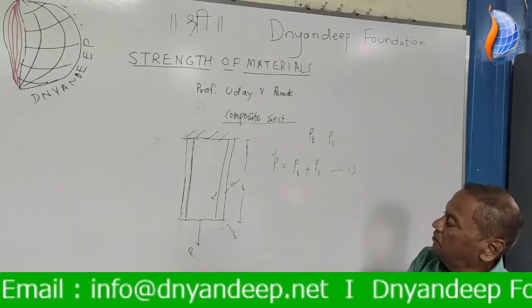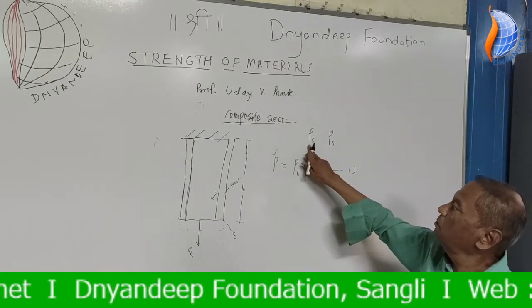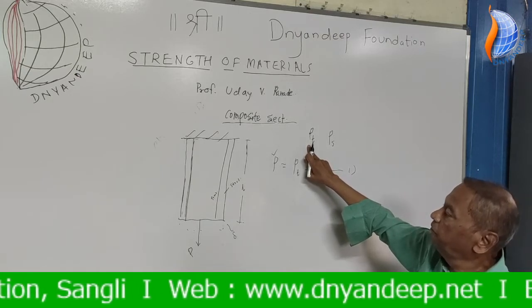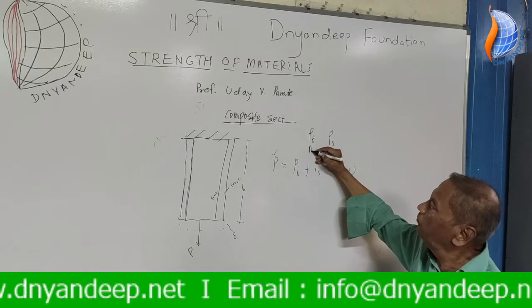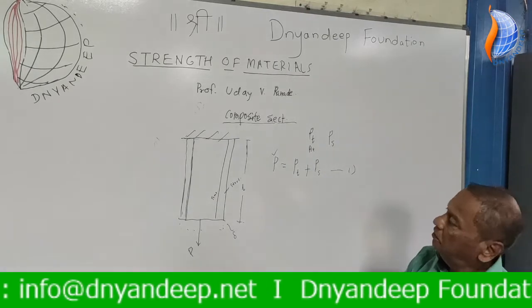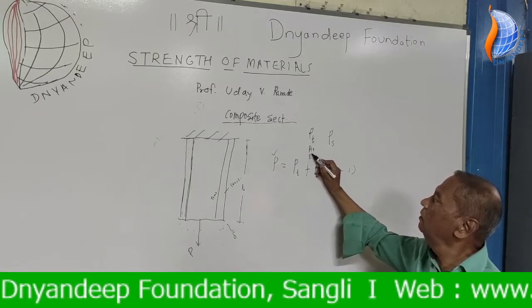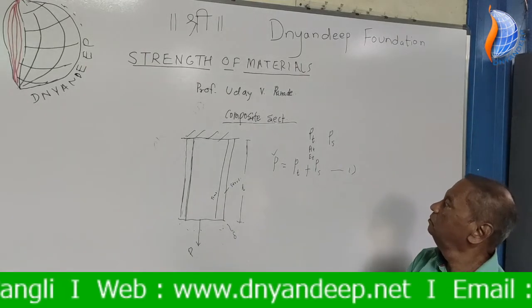This is the second equation. Now let PT be the load taken by material T. Let AT be the cross section of timber and let ET be the modulus of elasticity for timber.